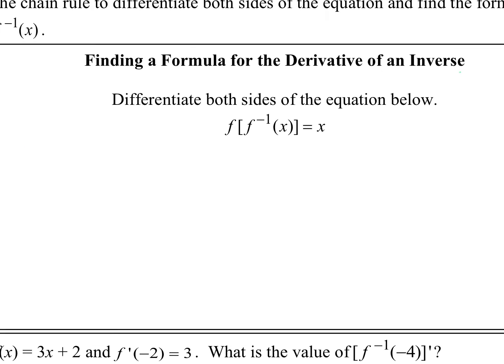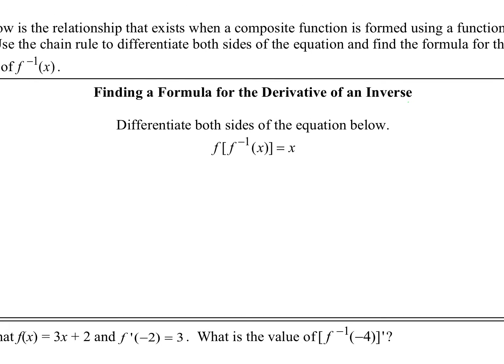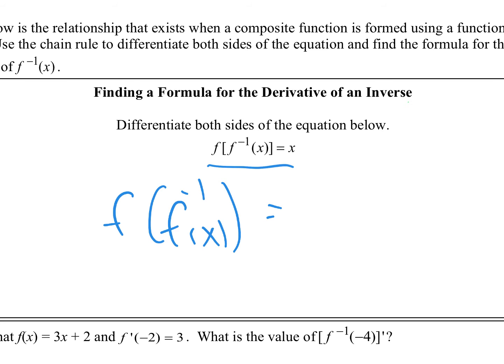All right. We started out with this statement here, it came from that first page. Let me go find it again. Did I do f of f inverse of x equals... why am I trying to memorize it?